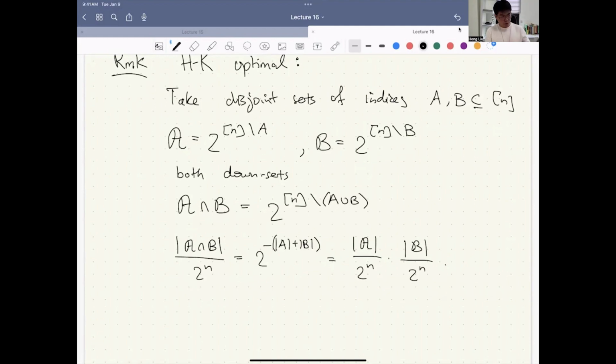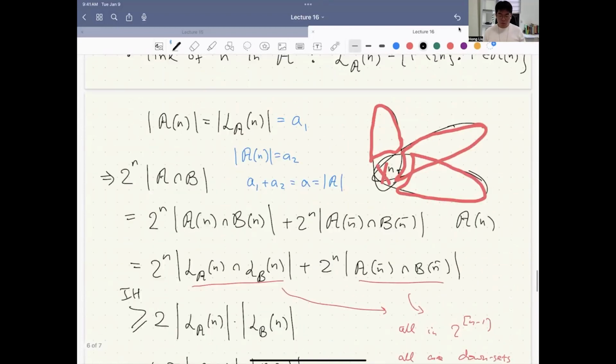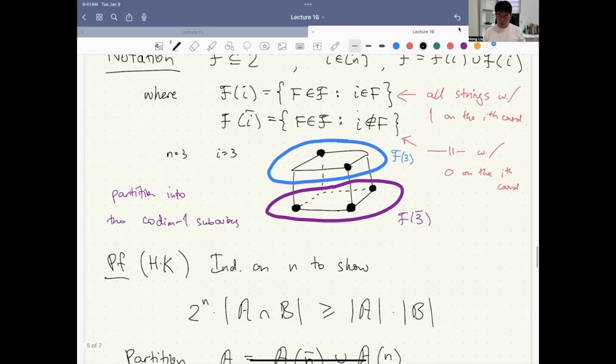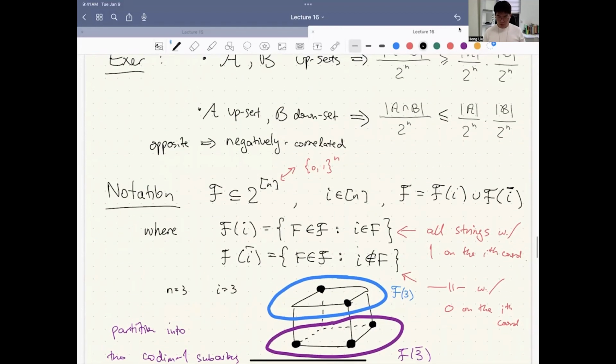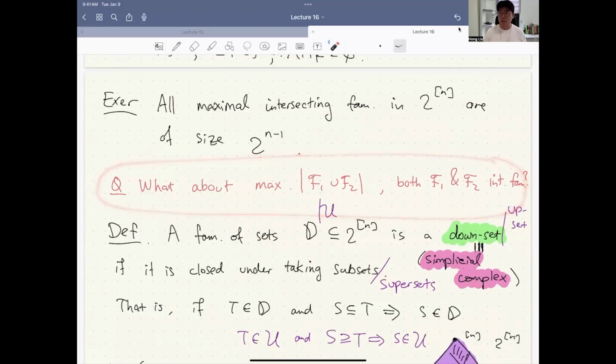Now let's see two applications of the Harris-Kleiman inequality. The first application is the question we would like to answer here. What's the maximum size of the union of intersecting families? We're going to prove it for the union of t intersecting families for fixed t.